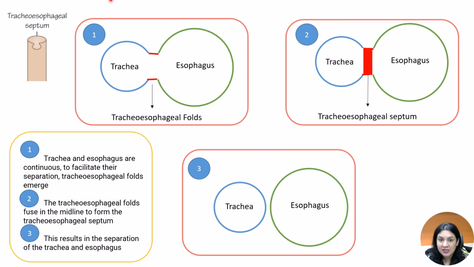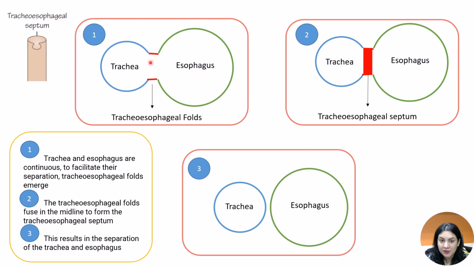So in those early stages of development, the trachea and the esophagus are just this one big continuous structure. And to facilitate the separation of these two important structures, these tracheoesophageal folds, as they are known, start to emerge. First they establish this initial continuity, but like I said, this continuity needs to close off, and there needs to be separation of these two structures for proper development to occur, right?